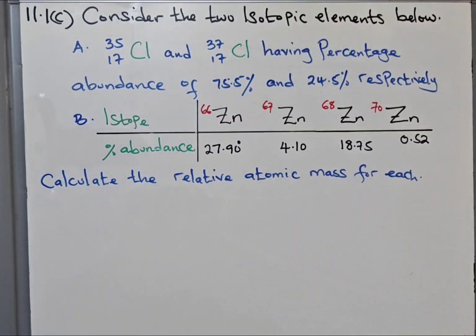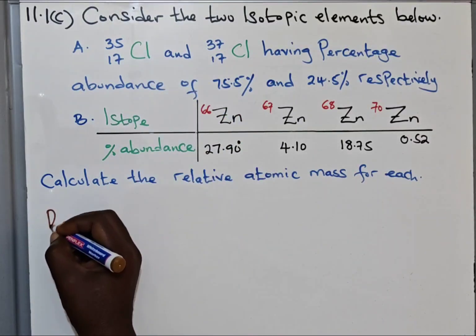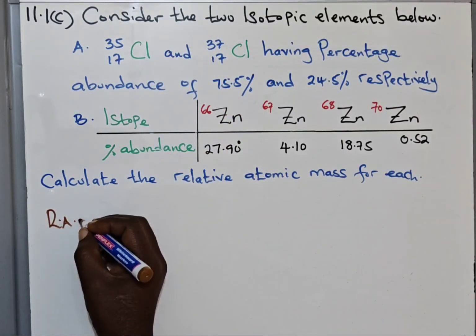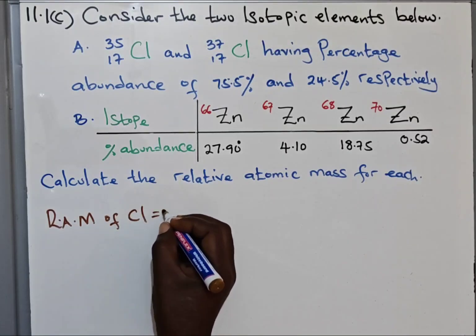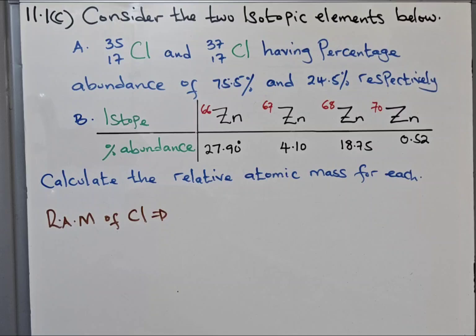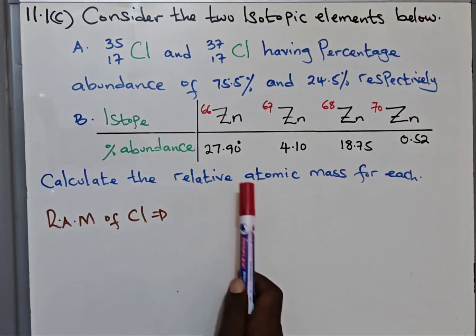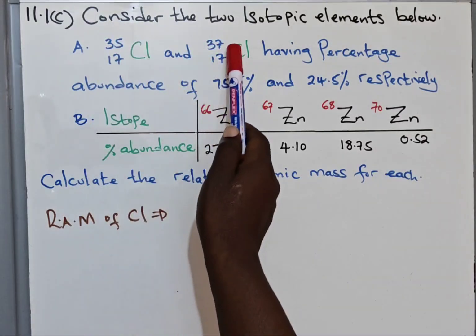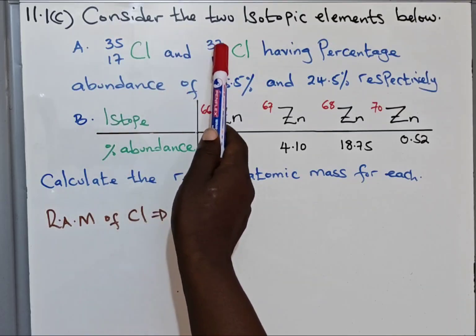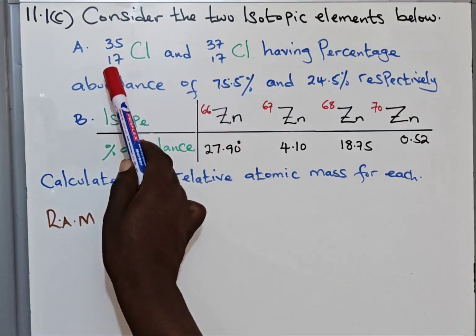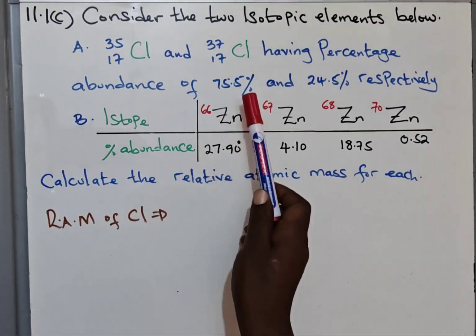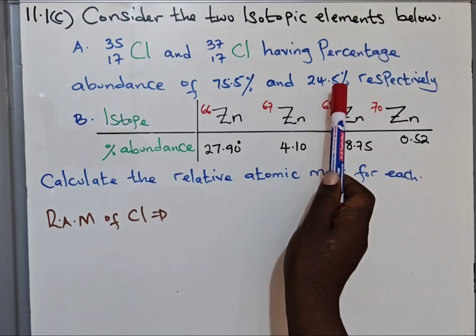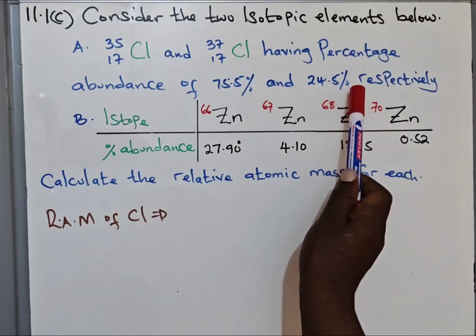How do we go about this? Let's start with A, the relative atomic mass of chlorine. Remember, it's atomic mass, so we are going to use the atomic mass numbers, not atomic numbers. These percentages are per 100.